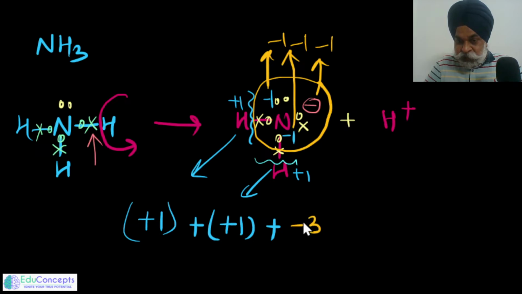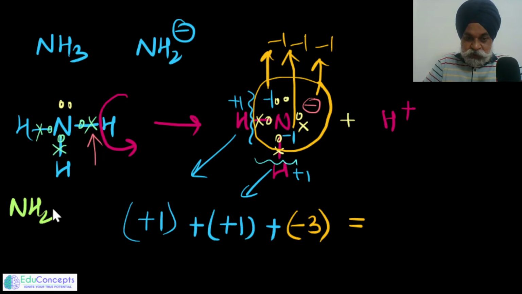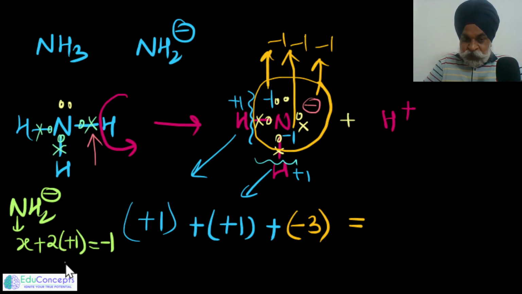So that is -3, which is equal to, we used to say it like this when you have an anion given to you. Just like if I write once again, NH2 negative, that is amide. If I go with the formula, x plus 2 into +1 equals -1. So the answer comes out to be -3.